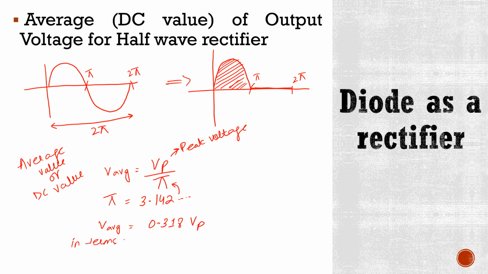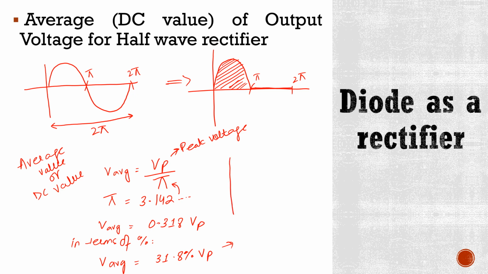and in terms of percentage, this equation becomes V average is equal to 31.8% Vp. It shows that the average output value is approximately 31.8% of peak voltage for a half wave rectifier.